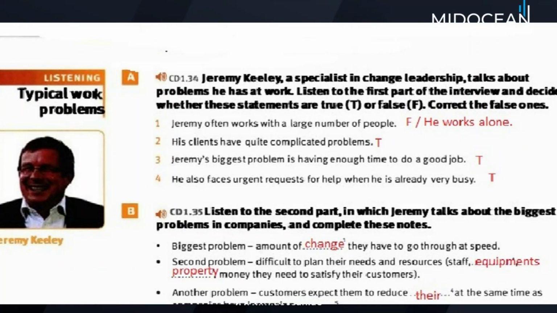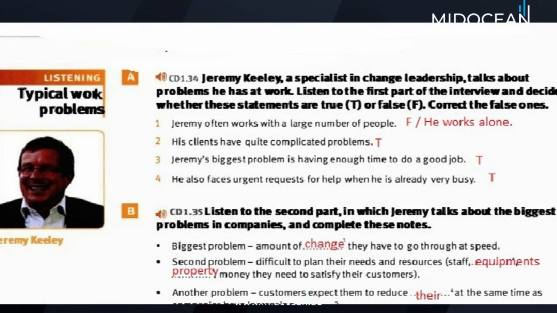Now let's check the answers. 1. Jeremy often works with a large number of people. So, this is false. I correct. Jeremy works alone. 2. His clients have quite complicated problems.